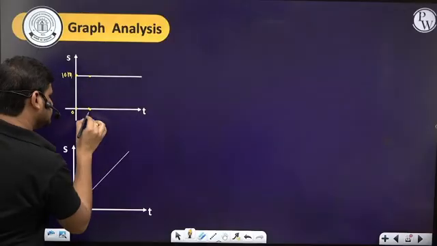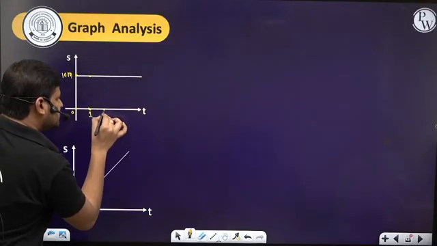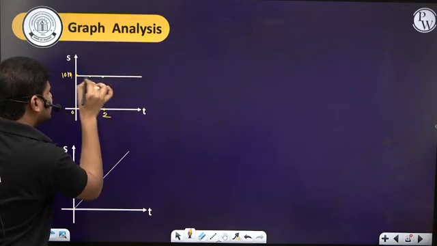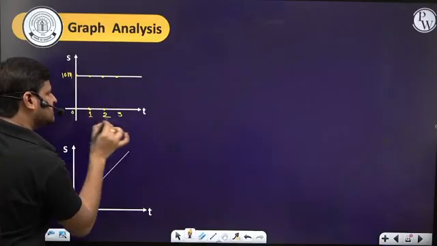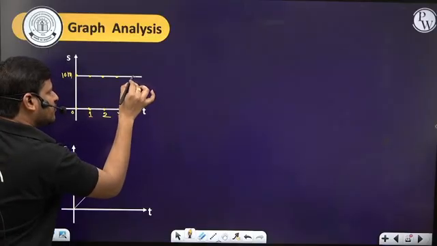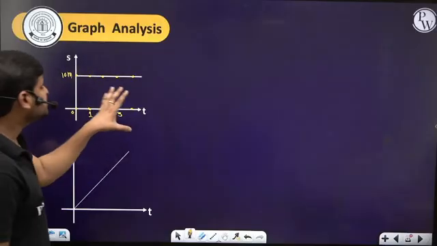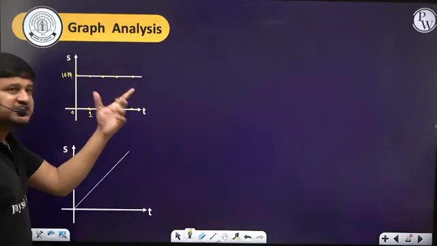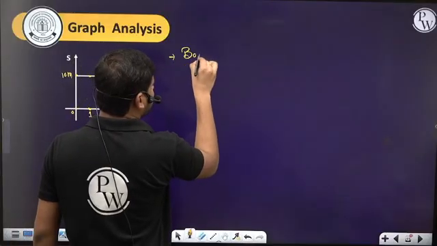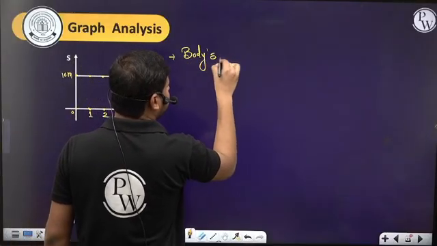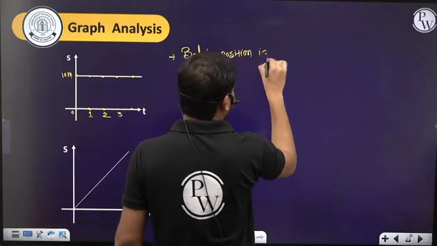At 1 second the body is at 10 meters, at 2 seconds still at 10 meters, at 3 seconds still at 10 meters, at 4 seconds still at 10 meters. That means the body's position is not changing with respect to time.